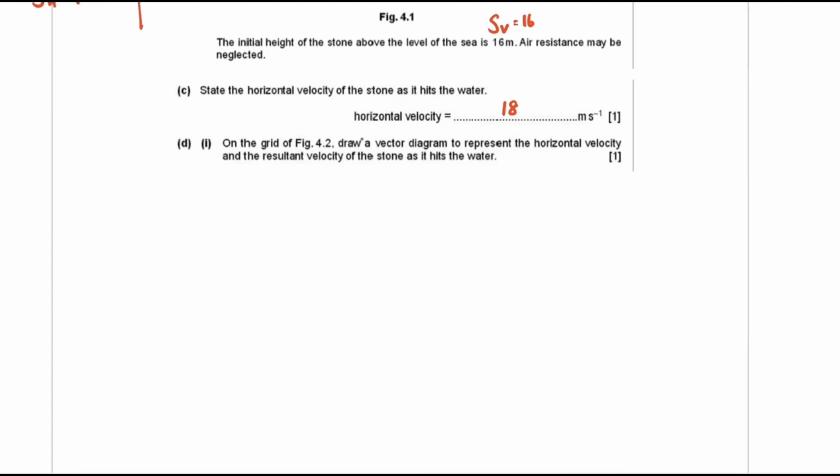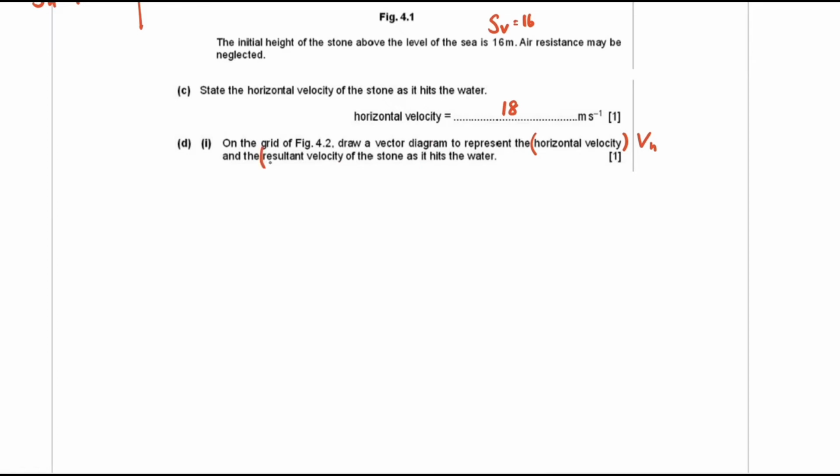We have to draw a vector diagram to represent the horizontal velocity. This is VH. It's the final velocity because it's just before it hits the water.